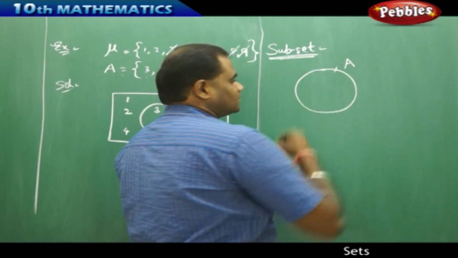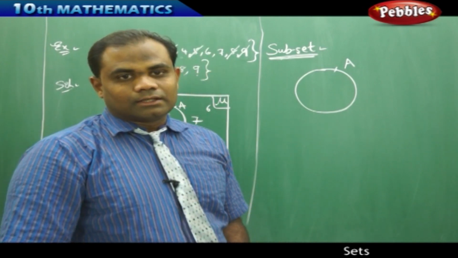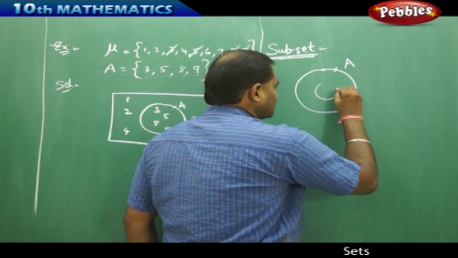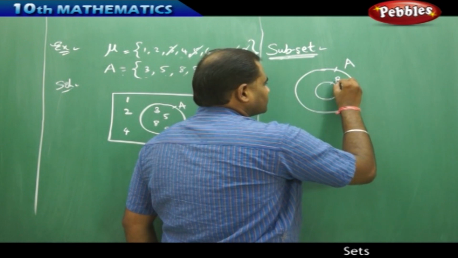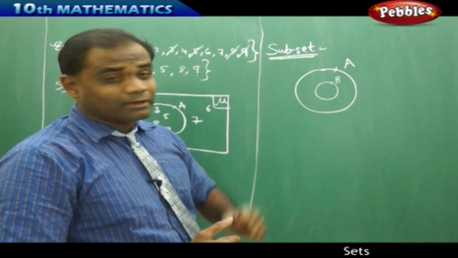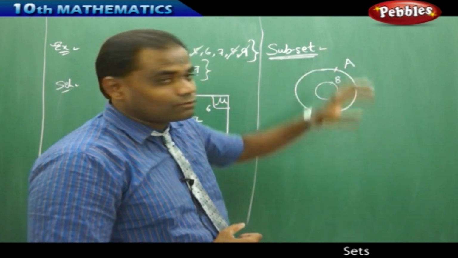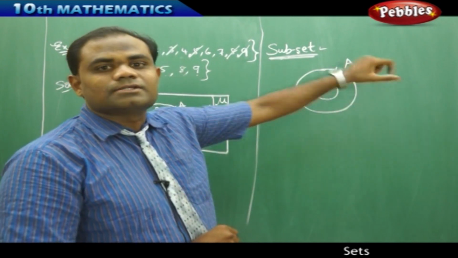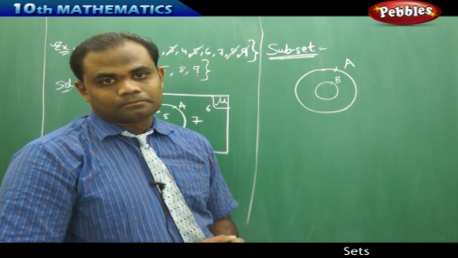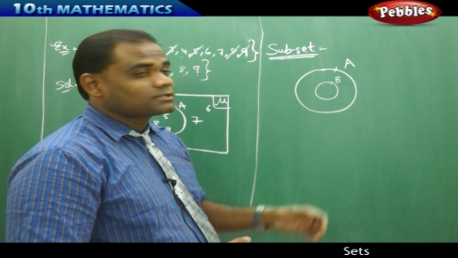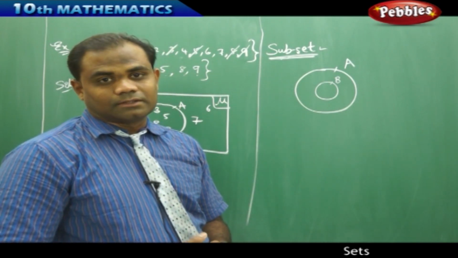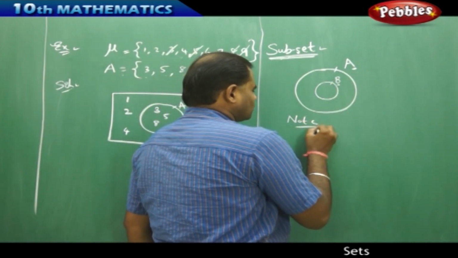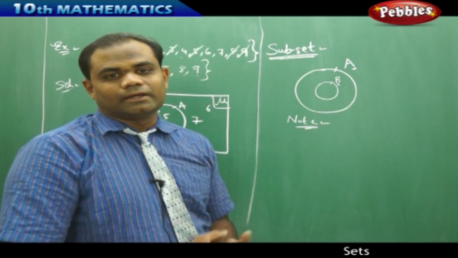When I have the set A denoted by the circle, then if I want to find the subset of A, let me draw a circle inside A, which is B. Then clearly I understand with this diagrammatic representation that B is part of A because B is totally inside A. Therefore, B is said to be subset of A. That is how I understand the difference between the subset and the set. So here B is said to be the subset of A because B is totally inside A.